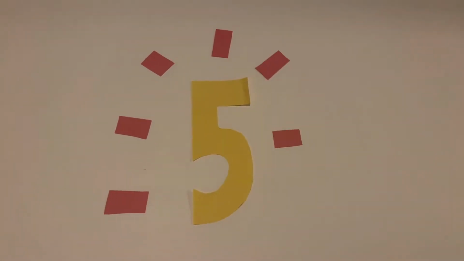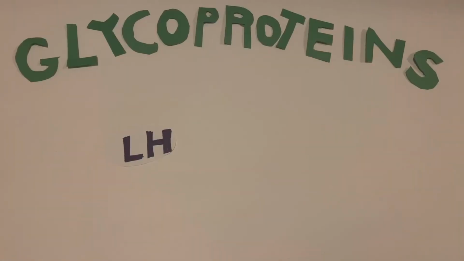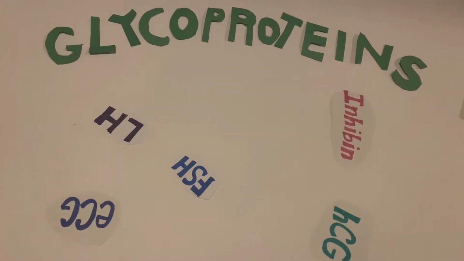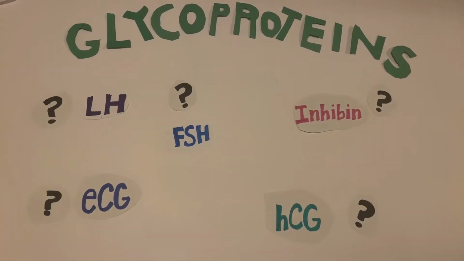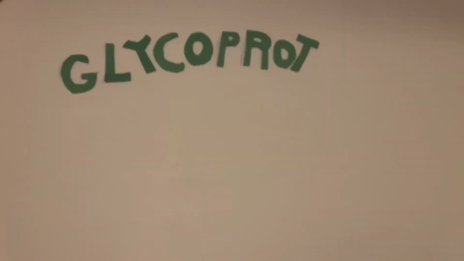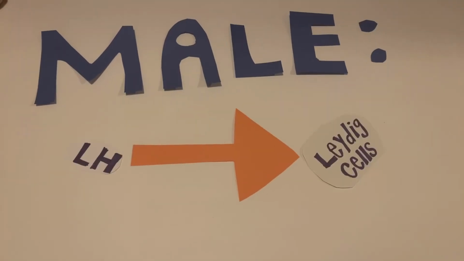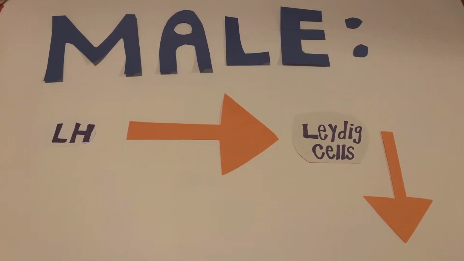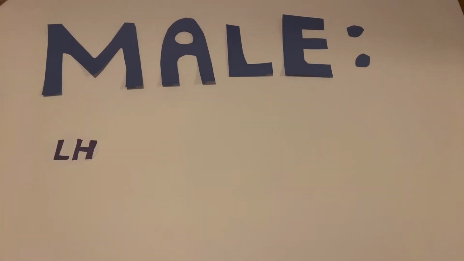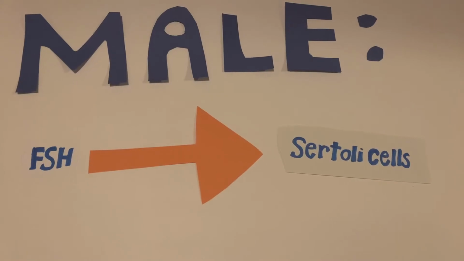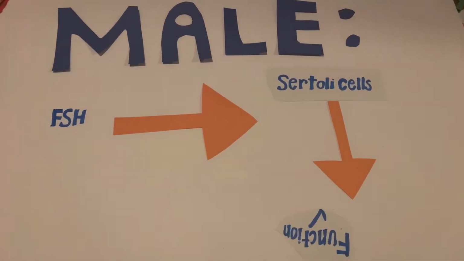The 5 glycoproteins are LH, FSH, inhibin, HCG, and ECG, but they all do different things. In the male, LH attacks the cells of Leydig for testosterone production. FSH attacks Sertoli cells, and then those also begin to function.